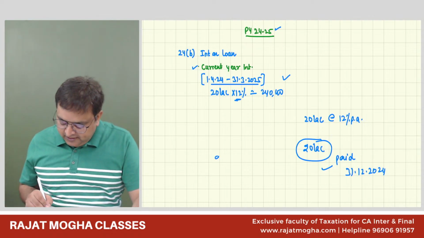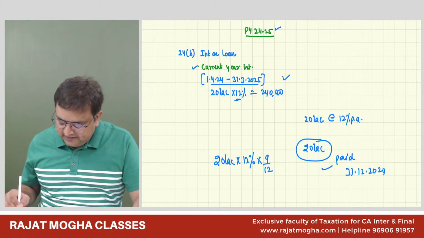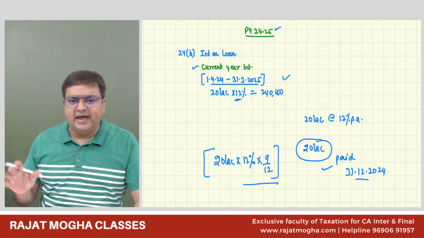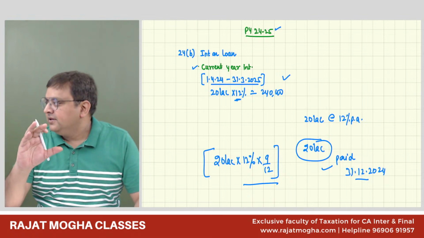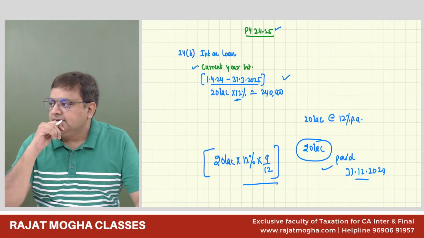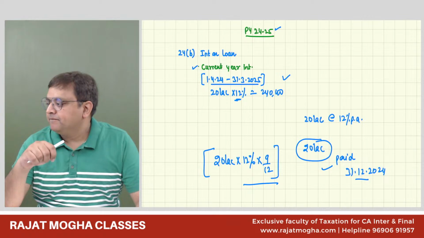It would be 20 lakh at a rate of 12% only for 9 months till December 2024. So you can calculate it: 20 lakh into 12% into 9/12. Are you okay with this case also? Should I explain it again? No, sir. Clear. It's clear?